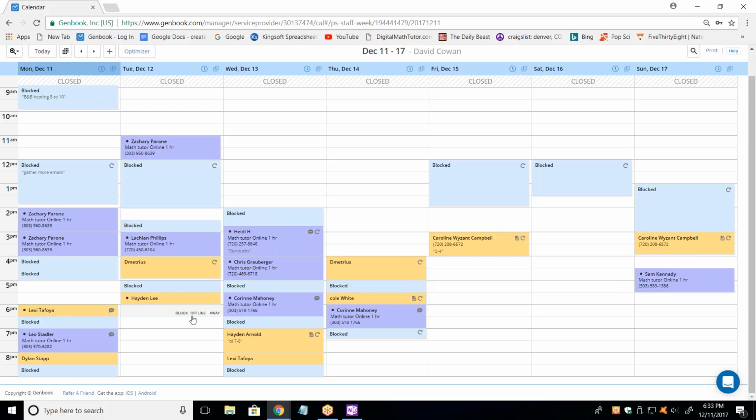The only thing I can warn you about is that people might take these spots before you do, so I can't guarantee that these spots will always be open, but they're open now. There's a 3-hour time slot from 6 to 9 open tomorrow night. So you almost certainly will be able to find a half-hour slot in there if you're looking for a Tuesday night appointment.